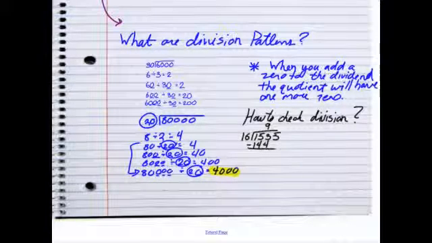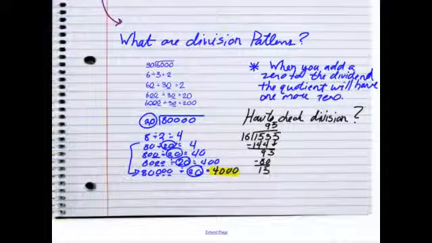And when I do my subtraction, I get 9. I bring down my 5. 16 goes into 95 5 times. 5 times 16 is 80. Subtract, and I have 15.